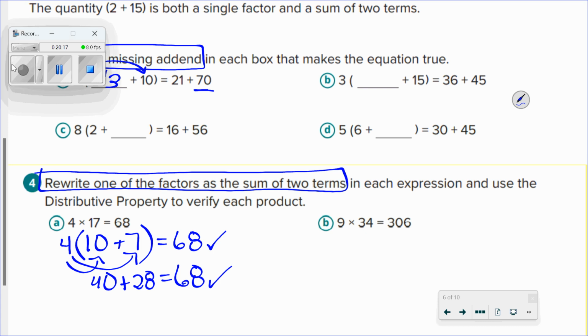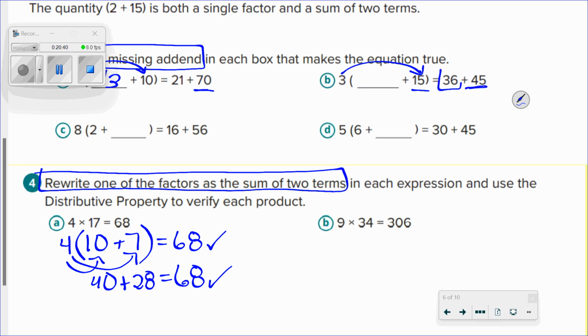All right, guys. Let's come back together. Let's look at letter B. We know we are multiplying by what number? We're multiplying by 3, and they gave us the 15, so 3 times 15 is what? 45.